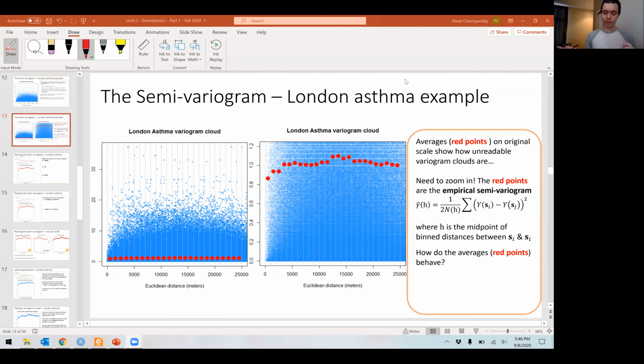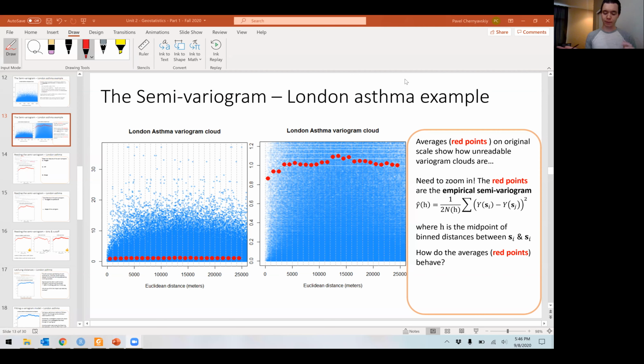So I'm using 25 kilometers, or 25,000 meters, as my cutoff, and I'm choosing arbitrarily to divide my 25,000 meters into 25 bins. So each bin is a 1 kilometer bin in which I will average my variogram cloud values.